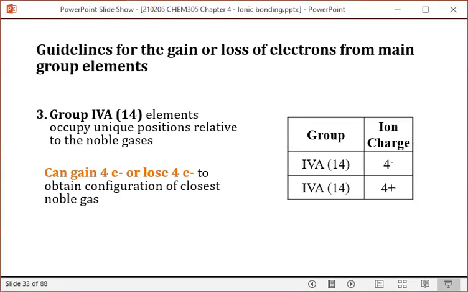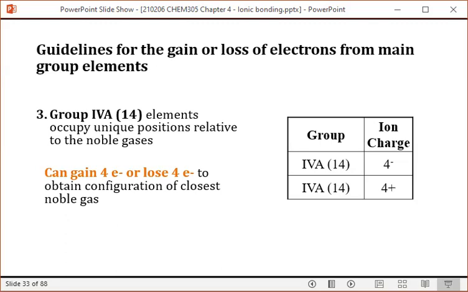If we look at group 4A, which is column 14, these elements have a unique position because they're right in the middle of the octet rule. They're in position 4.